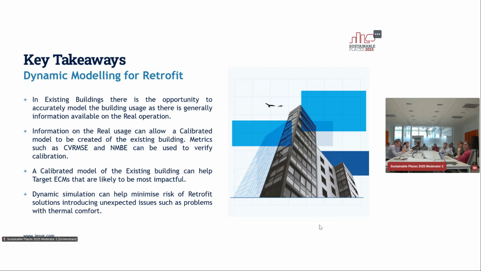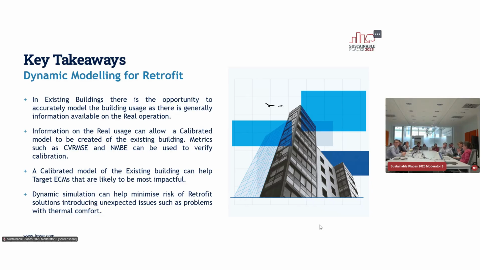Our best practices and takeaways on this: the first one is model accuracy. Existing buildings have those challenges on the data, yes, but they also give an opportunity to have an accurate model, because there is some way of gathering current data on the operations from a measurement system, if you're lucky, or inferring information from the occupants, which is a big source of useful data.